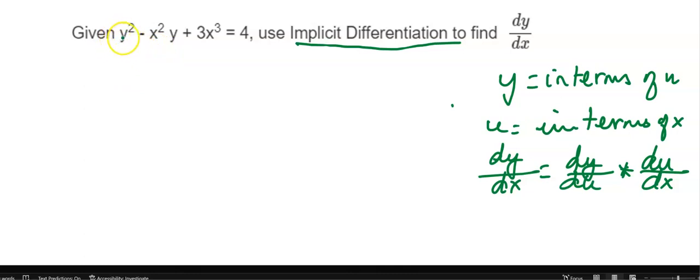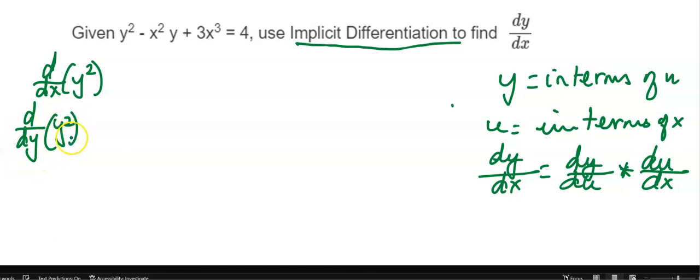So when you are differentiating this y squared in terms of x, d dx of y squared will become d dy of y squared, and then multiply by dy dx. Then the second term here, minus, you have two terms, so the product rule should be used for this one. So u times the derivative of v plus v times the derivative of u.